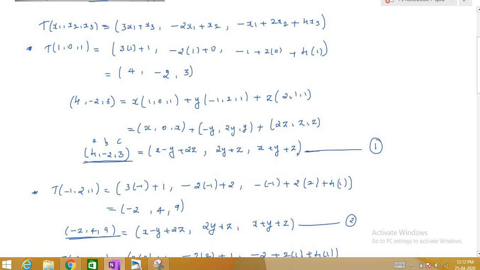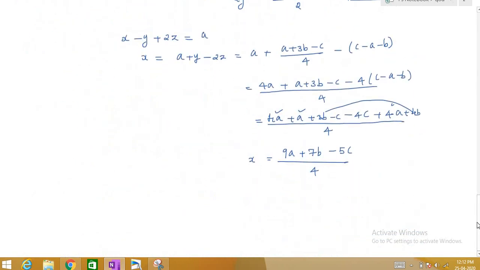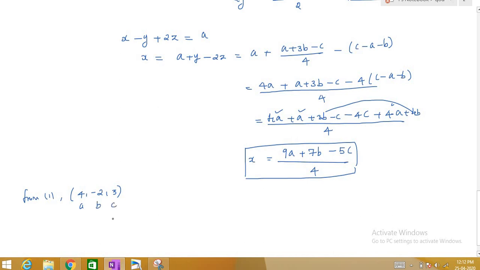This x, y, z can be found by just substituting a is equal to 4, b is equal to minus 2 and c is equal to 3 here. So from the first equation, we need to find x, y, z. In LHS we have 4 comma minus 2 comma 3, so you just substitute a is equal to 4, b is equal to minus 2 and c is equal to 3.